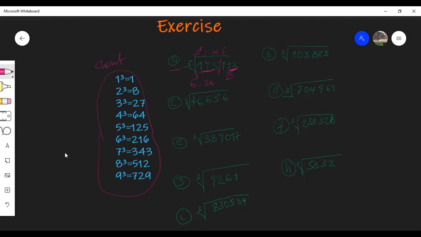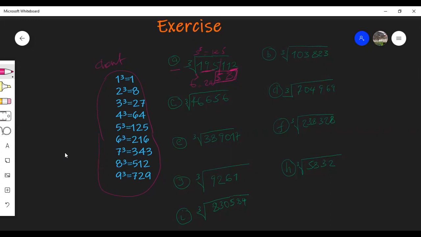Now, because 195 has not reached 216, we will remain with 5. So 5 becomes our answer. Now we have the cube root of this number as 58. You can check with your calculator, and that's going to give you a clue. So the cube root of this is 58.